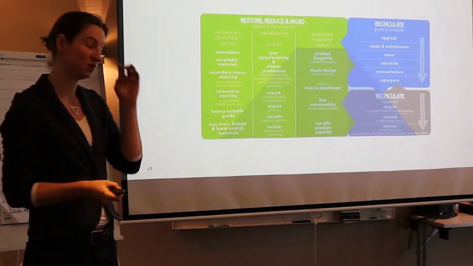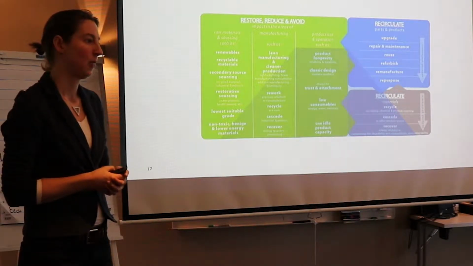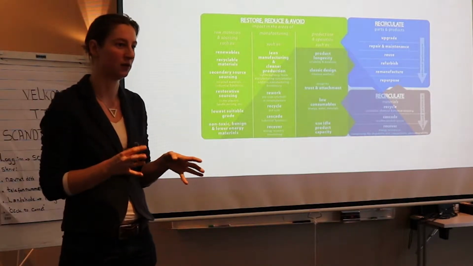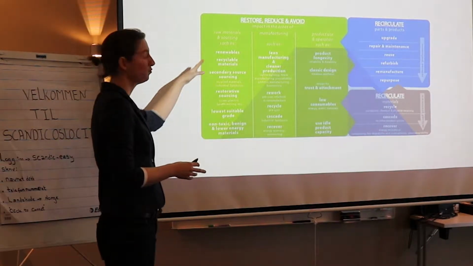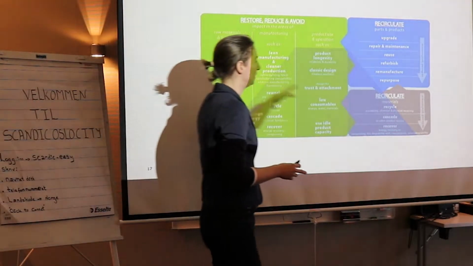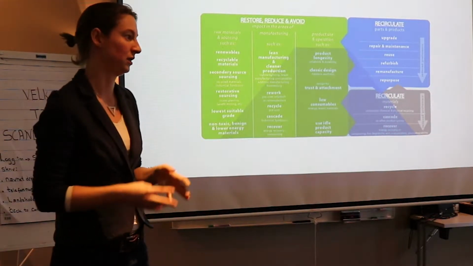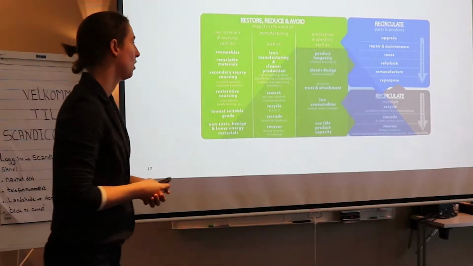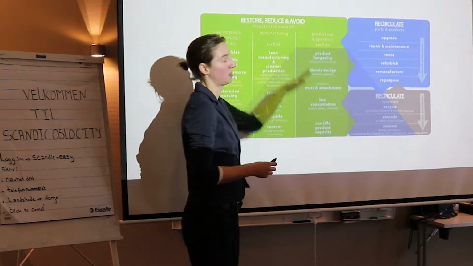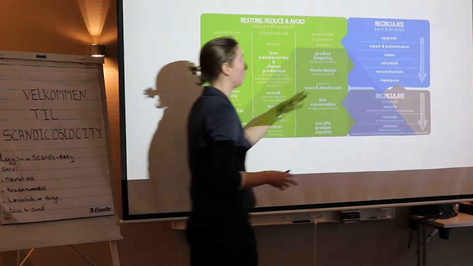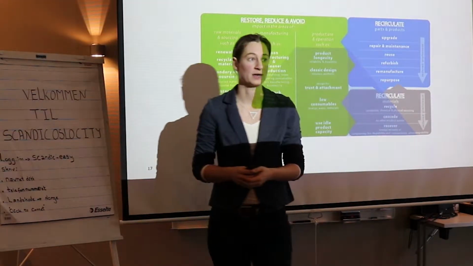Now, one thing that is important to consider is that these strategies don't exist in isolation. They influence each other, right? If you go for a renewable material, then that choice also influences what kind of recycling strategies can be applied to that. Or if you design a product to be very robust, then maybe that has an impact on the repair and maintenance practices.